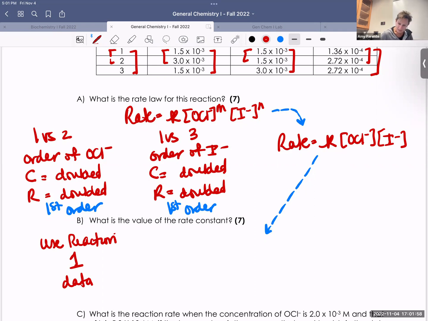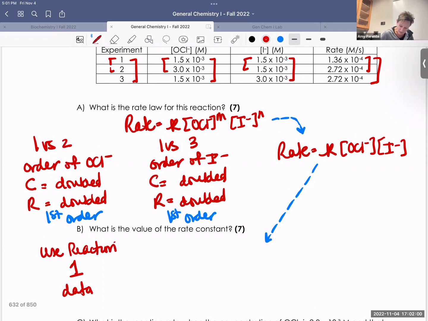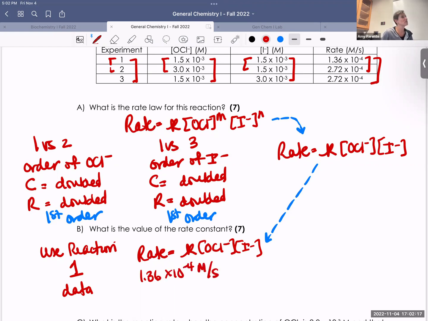So rate equals rate constant times OCl minus times I minus. I'm going to put my value in for rate, so it's 1.36.